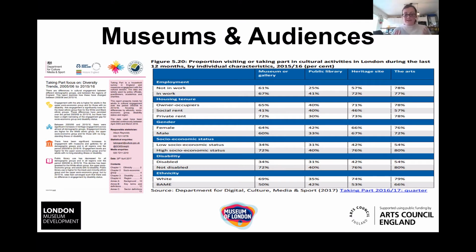So there have been significant increases in engagement with museums and galleries for all demographic groups in all regions, yet engagement levels are higher for the upper socioeconomic group and for adults with no long-standing illnesses or disabilities. For both the white and black and minority ethnic groups, engagement with museums and galleries has increased.